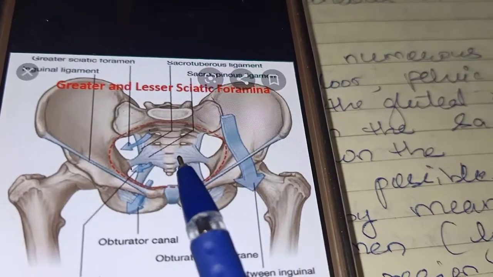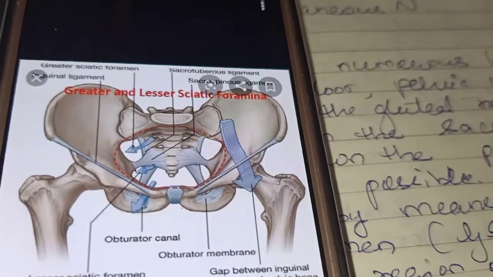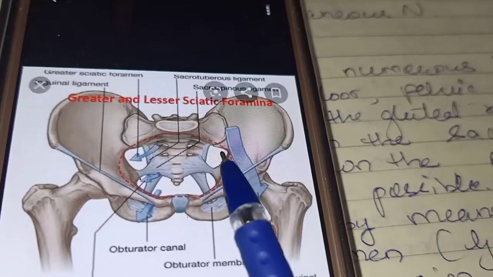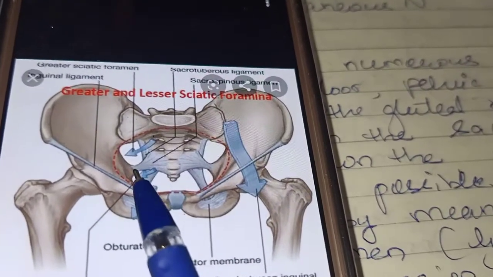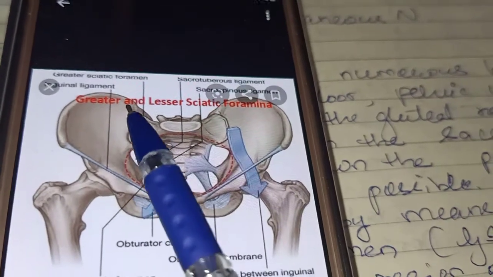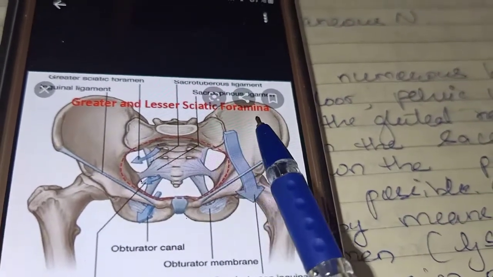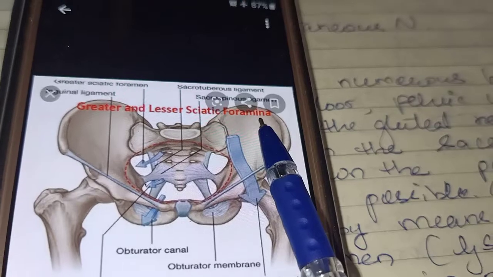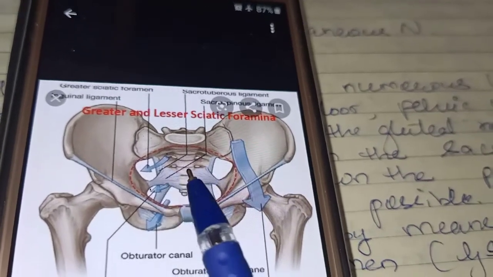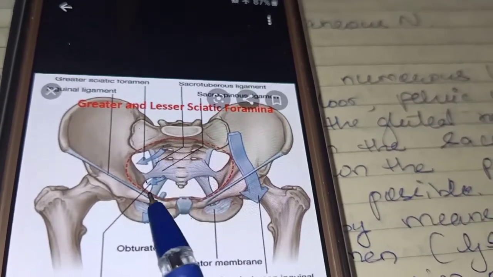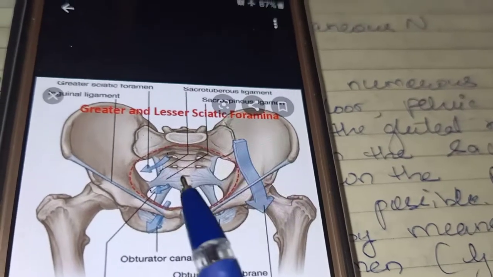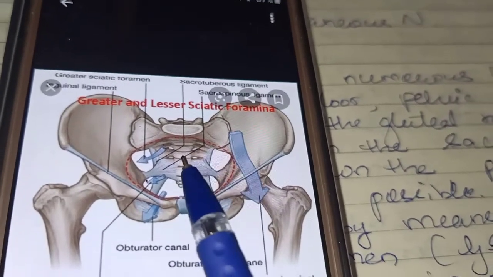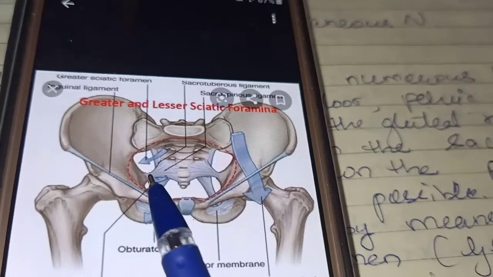These ligaments convert the greater sciatic notch into the greater and lesser sciatic foramina. Which are the ligaments? The sacrotuberous ligament from the sacrum to the ischial tuberosity and the sacrospinous ligament from the sacrum to the ischial spine.